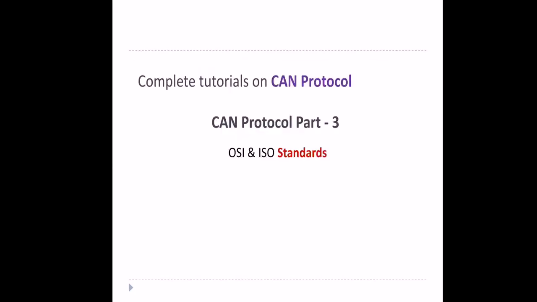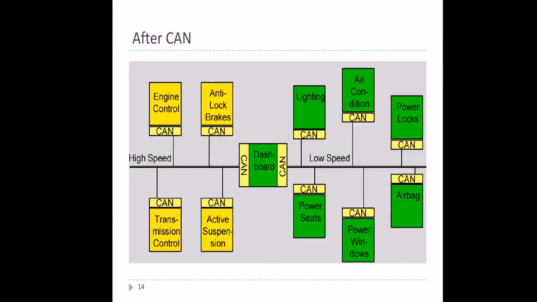So yes, we are done with CAN part 2, and we'll continue with the complete tutorials on the CAN protocol in part 3. There we will discuss OSI layers and ISO standards with regard to the CAN protocol. The main intention of this tutorial is for you to get the knowledge from scratch till the end.